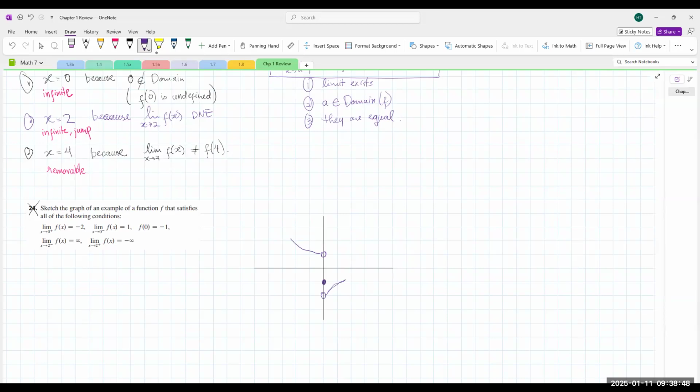At 2, from the left-hand side is infinity. Oh, okay, so when x equals 2 and we approach from the left-hand side, it goes to infinity. But x approaching 2 from the right-hand side is -infinity. Maybe something like this.